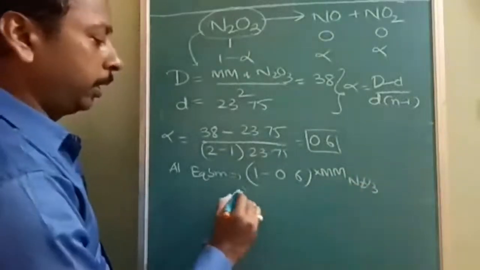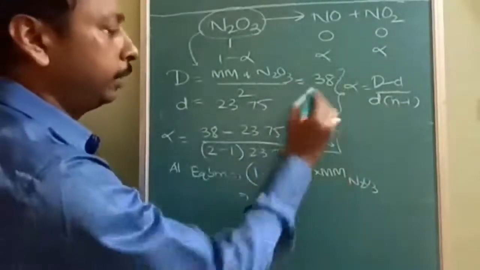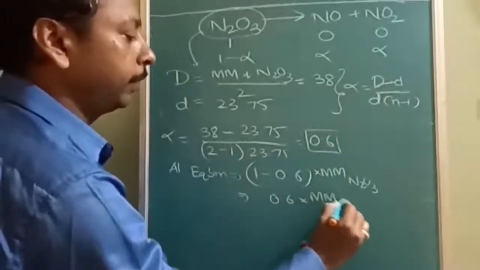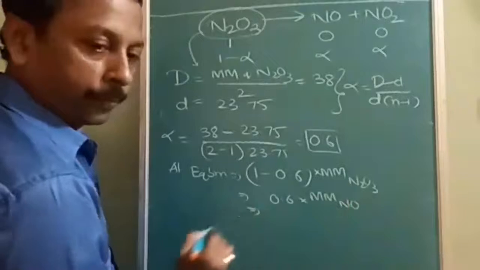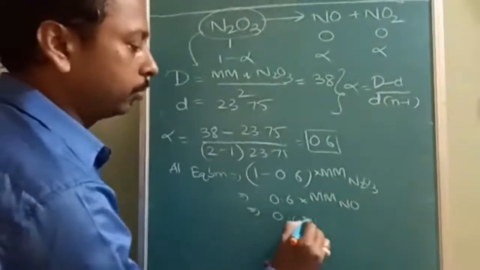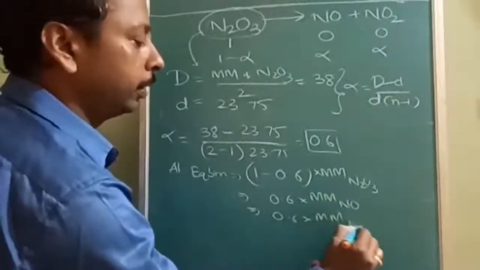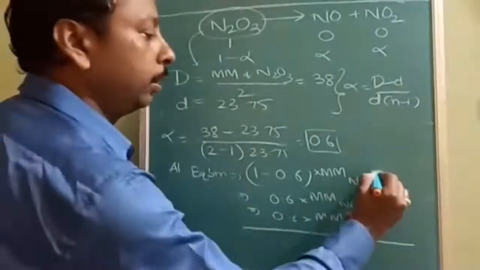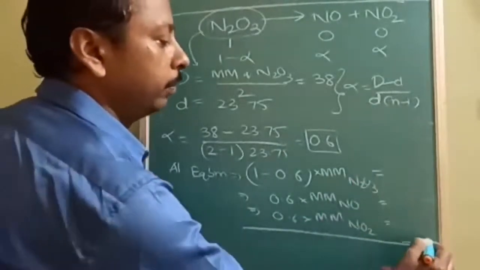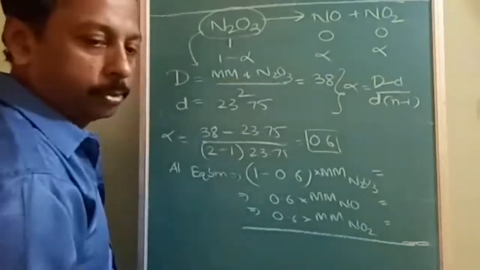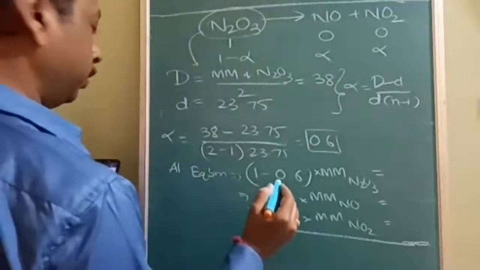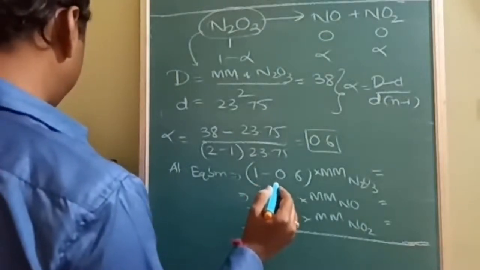And alpha is 0.6, so 0.6 into the molecular mass of NO, and 0.6 into the molecular mass of NO2. This is the total mass you will get, adding here, here and here. Understood?